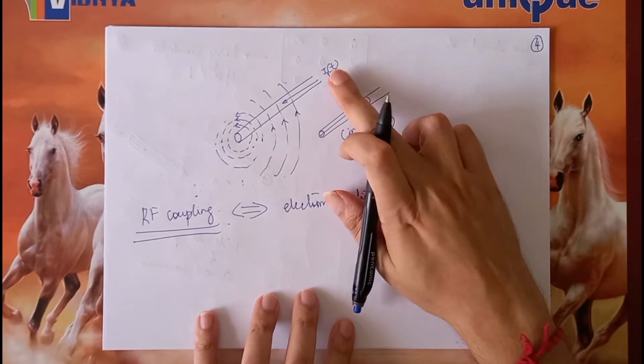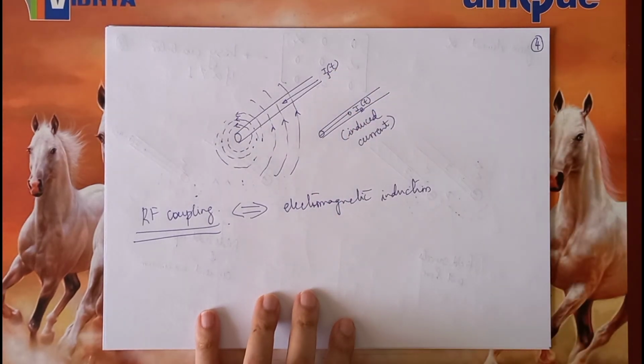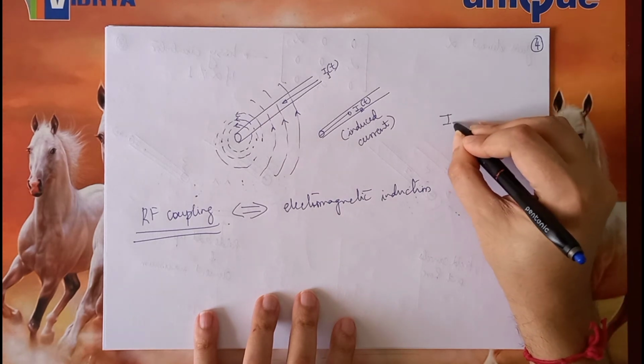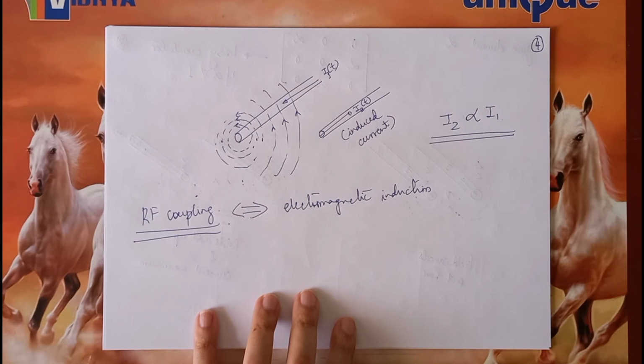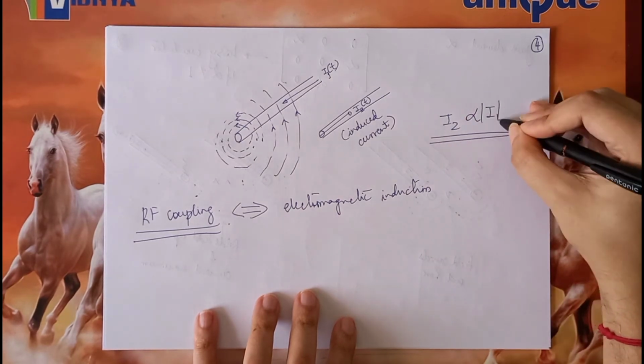How is I2 related to I1? Definitely, I2 is proportional to I1 in magnitude.